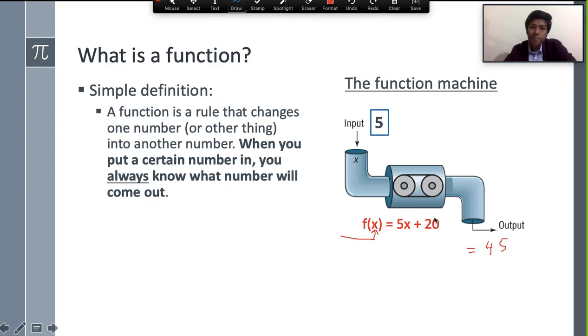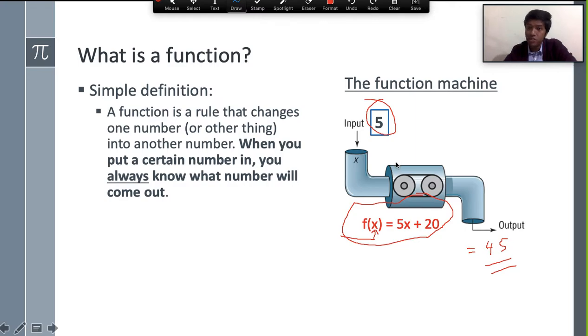So you see, in a very normal way, if you look at this, you are giving the input 5, then this mathematical expression converts this number based on this condition and gives you the output 45. This is a function. If you think of it like a machine, it changes your number.